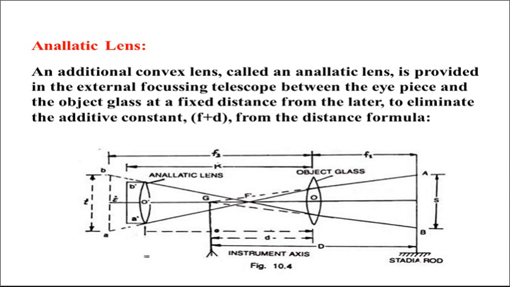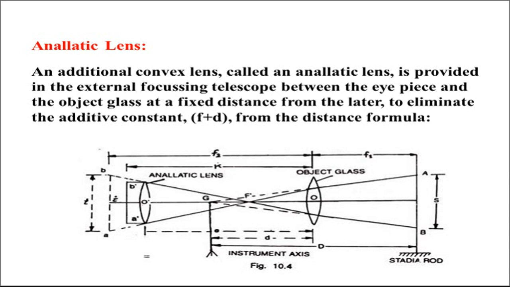An additional convex lens called the analytic lens is provided in the external focusing telescope between the eyepiece and the object glass at a fixed distance from the latter to eliminate the additive constant f plus d in the distance formula, that is D equals KS plus C, where C equals f plus d is the additive constant.